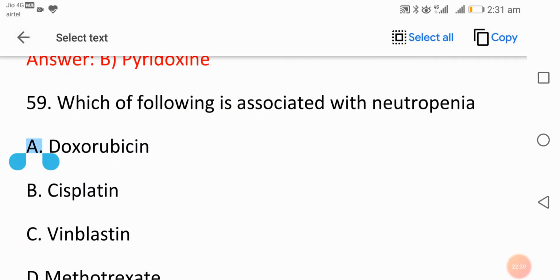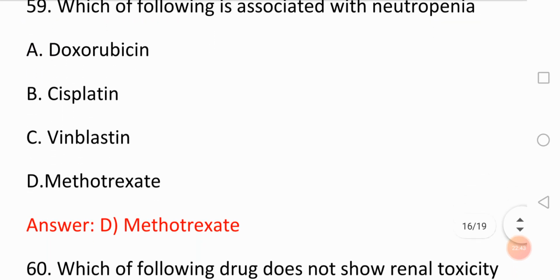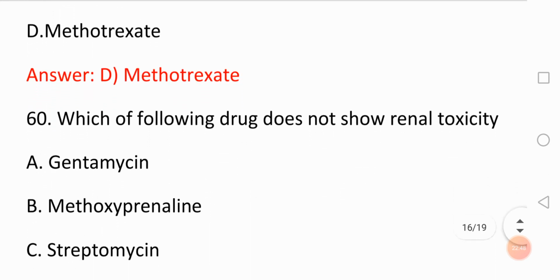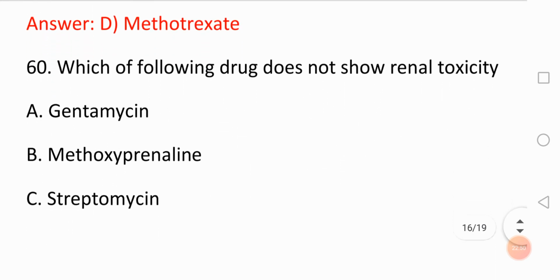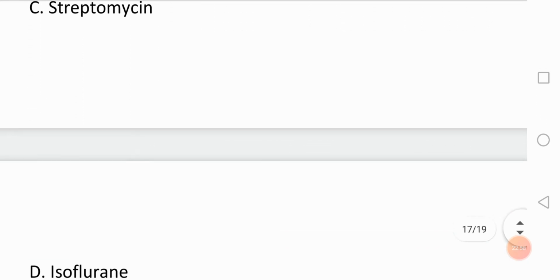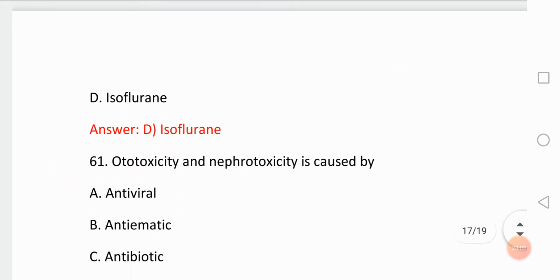Doxorubicin, cisplatin, vinblastine, and methotrexate. Answer is D part, methotrexate. Which of the following drugs does not show renal toxicity? Gentamicin, B. methoxypranolone, C. streptomycin, and D part, isoflurane. And the answer is D part, isoflurane.